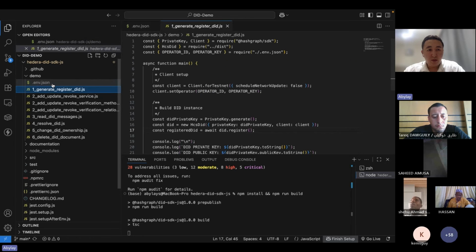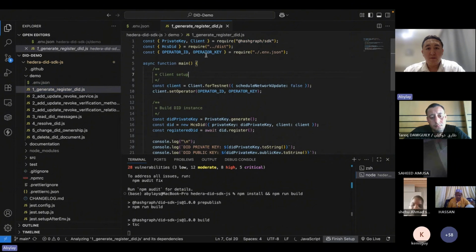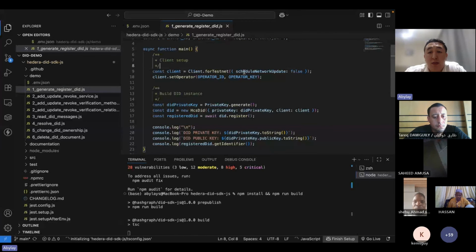So there is already a prepared script for generating your DID. It basically uses your private key and account ID from the env JSON file. It sets up a client for testnet, so we are using testnet.